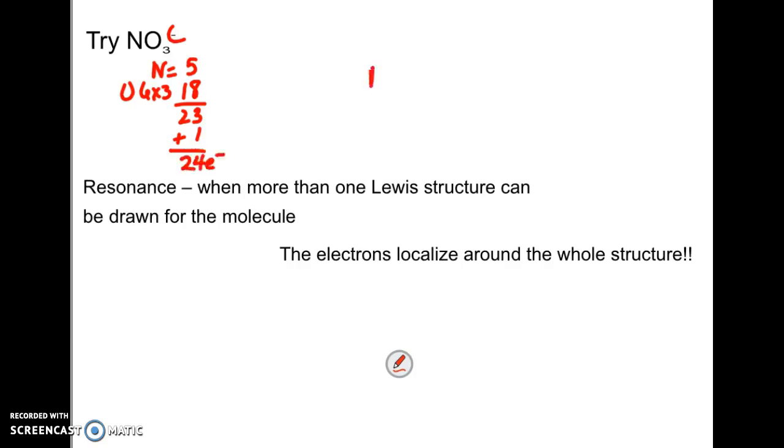Now to draw this structure, I'm going to put my oxygens around the nitrogen, and when I do that, I've used 6. So that means I only have 18 electrons left to get this stable. So I'm going to go 2, 4, 6, 8, 10, 12, 14, 16. And then I'm going to put the last 2 right here, 18.